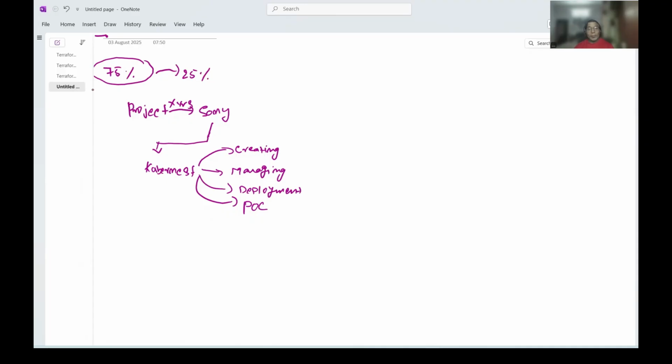This you can say when you have 5+ years of experience; POC or architecture, you can talk about when you have 5+ years of experience. For less than 5 years of experience, you can say that you have experience in creating a Kubernetes cluster, managing a Kubernetes cluster, and deployment in a Kubernetes cluster.